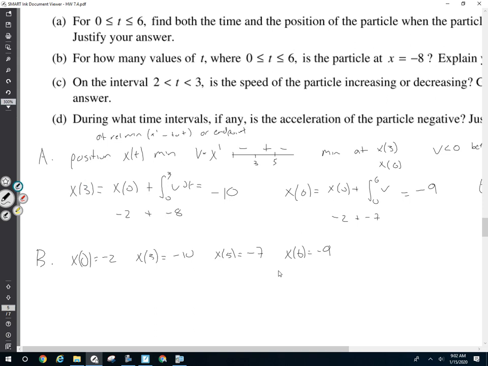So since these are my interesting locations and my velocities are negative and positive and negative, I'm moving to the left, then I'm moving to the right, then I'm moving to the left. I can see I must pass through negative 8 one, two, three times. x of t must equal negative 8 three times.